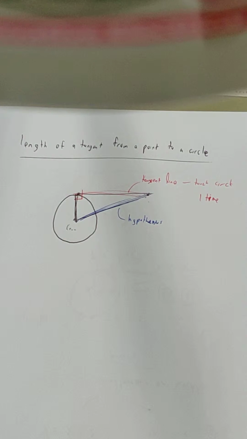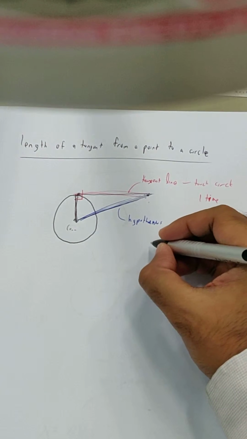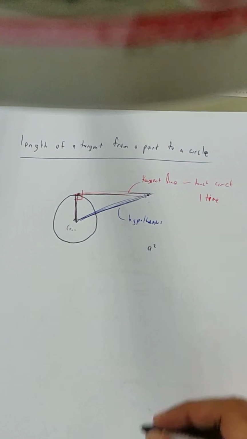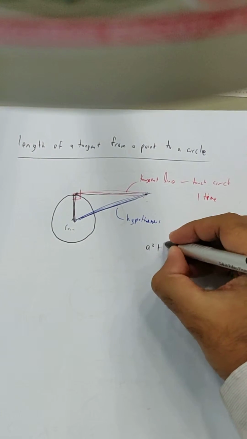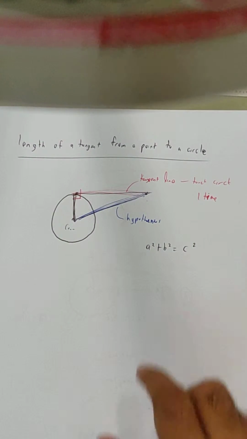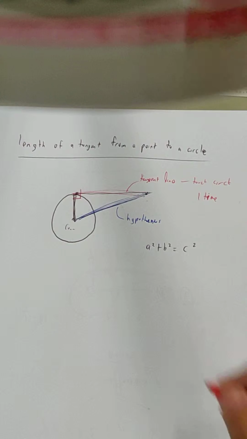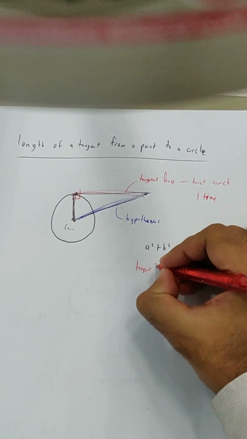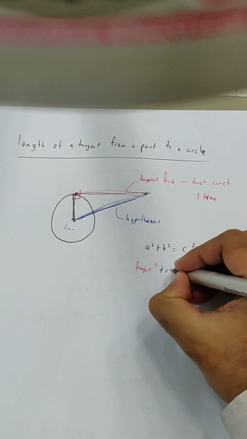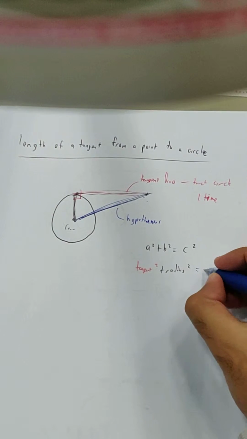So our formula for a tangent line, a squared... Which formula do you use for hypotenuse in your school days? A squared plus b squared? But you got the idea. So in this case, our tangent line is not the longest line. To get our tangent, it's actually like this: tangent squared plus radius squared equals the hypotenuse squared.